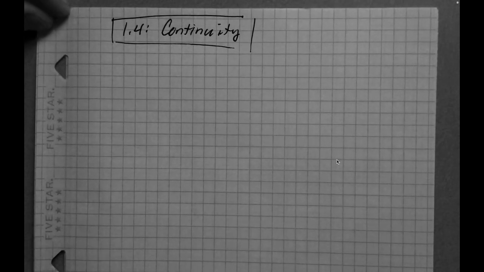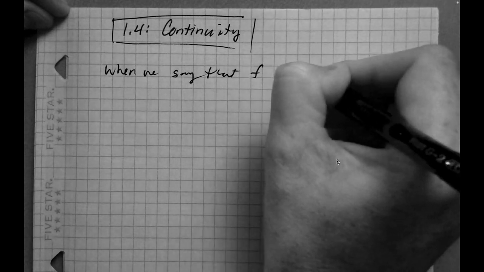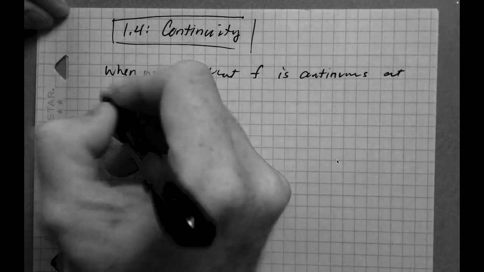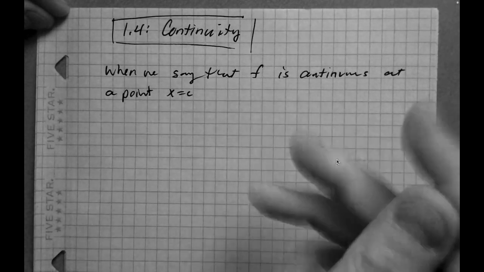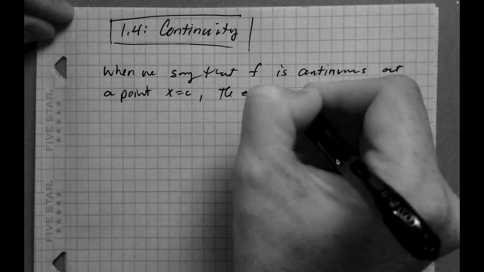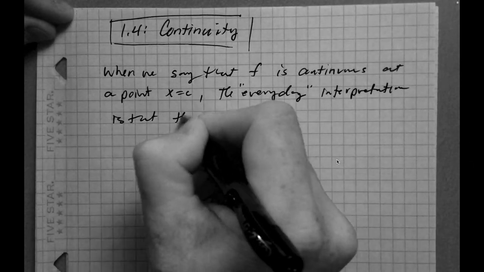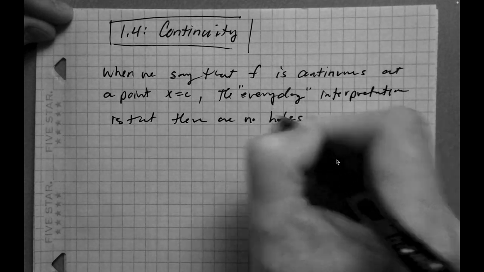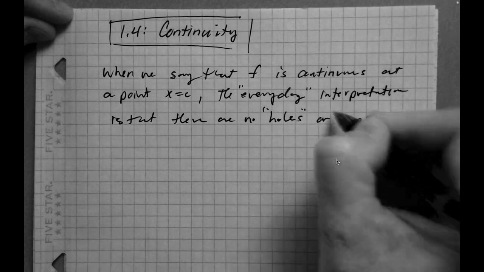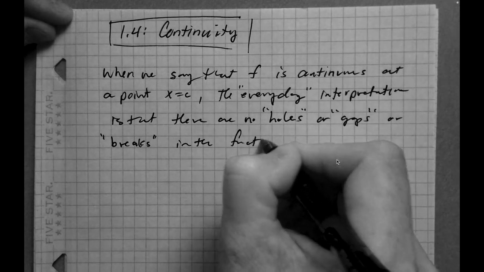When we say that a function f is continuous at a point x equals c, the everyday interpretation of this idea is that there are no holes, and of course that's a loose term, or gaps, or you might even use the word breaks in the function at c.